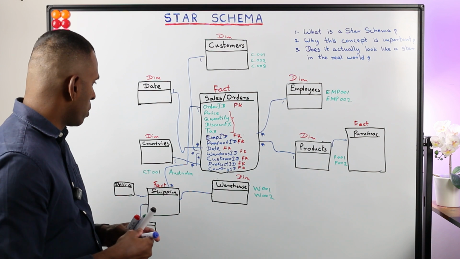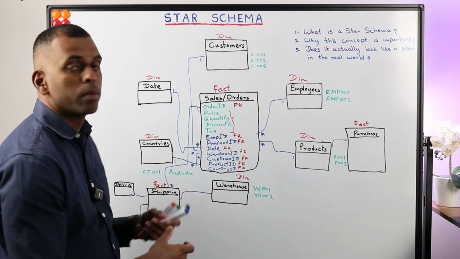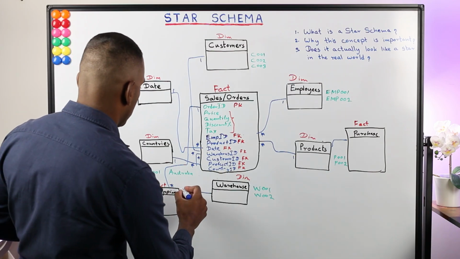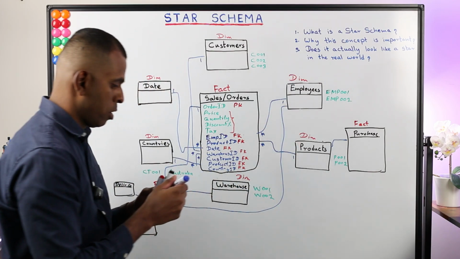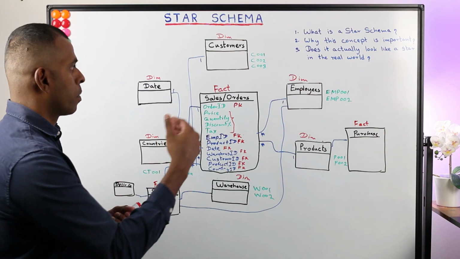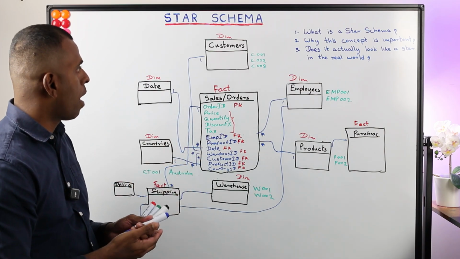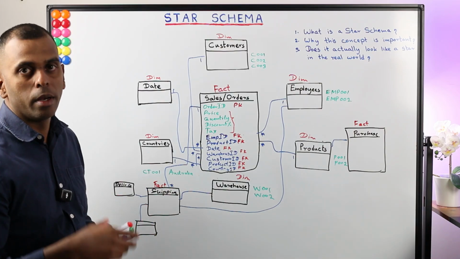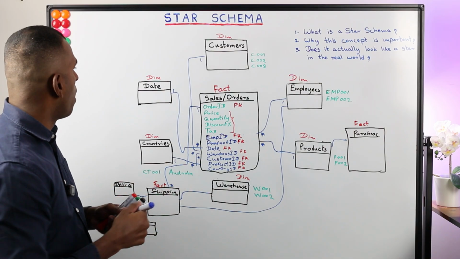Also this shipment company can have a relationship with their employees. So there are other relationships, and there can also be relationships between dim tables.